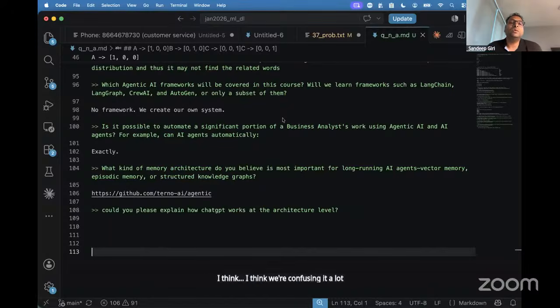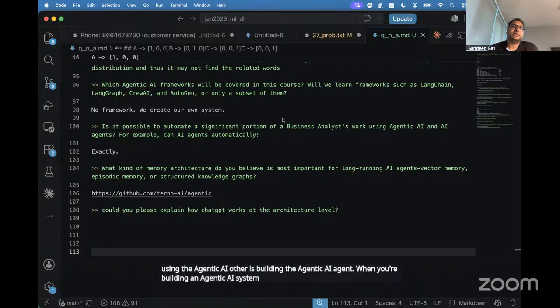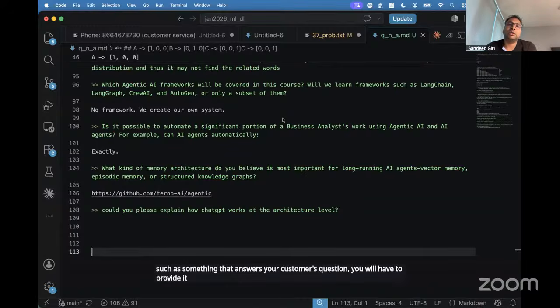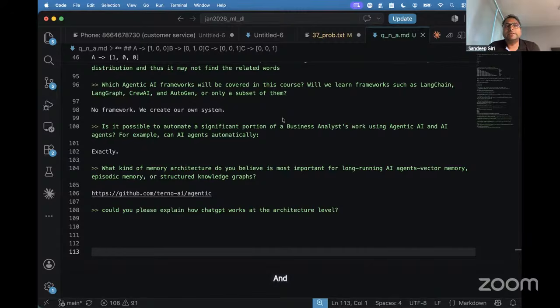One is using the agentic AI, the other is building the agentic AI. When you're building an agentic AI system, such as something that answers your customers' questions, you will have to provide it access to your data, access to customers' information, and it needs to access all of them. All right.